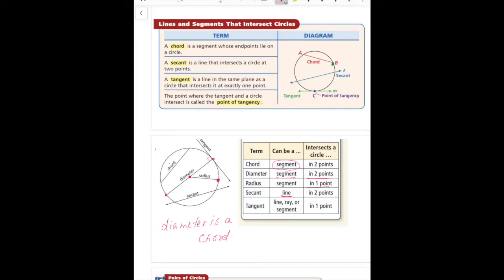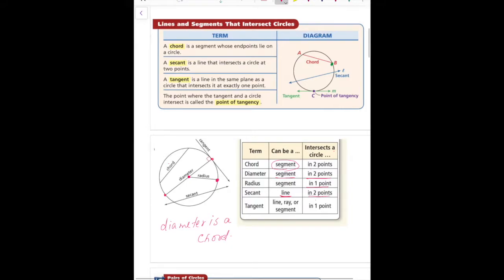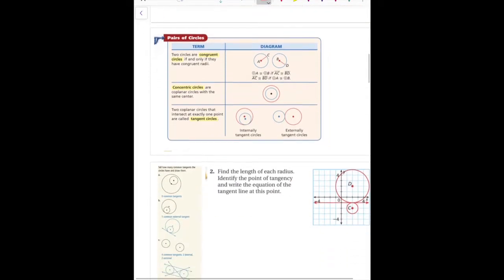A secant is a line that intersects the circle in 2 points. And a tangent can be a line, ray, or segment that intersects the circle in 1 point. So those are the vocabulary words you need to know before we go to the theorems and doing the problems. So let's move on.